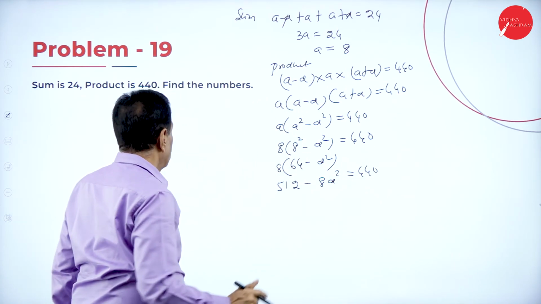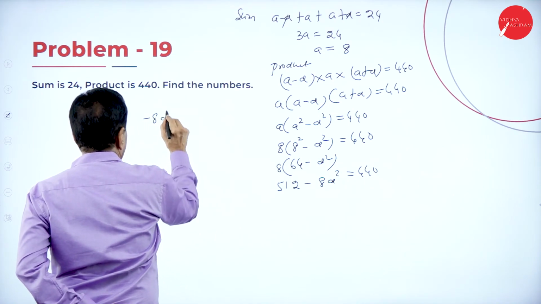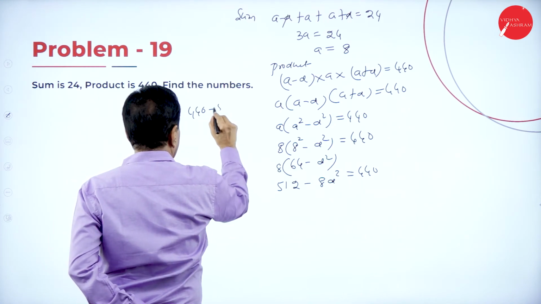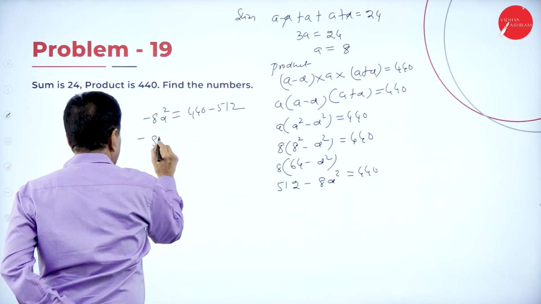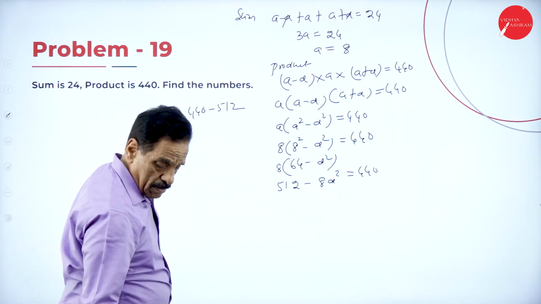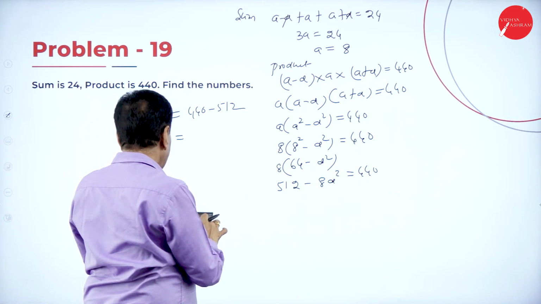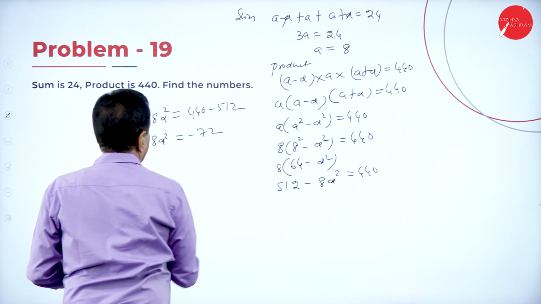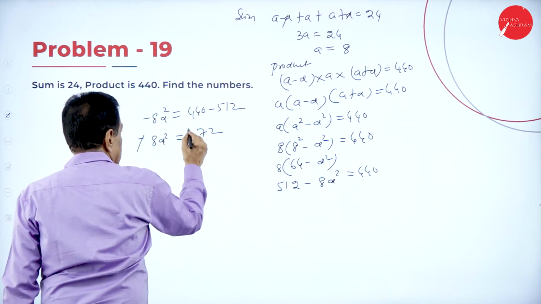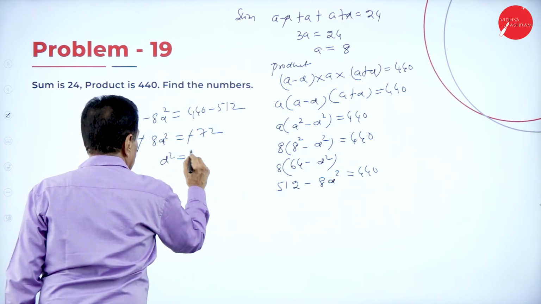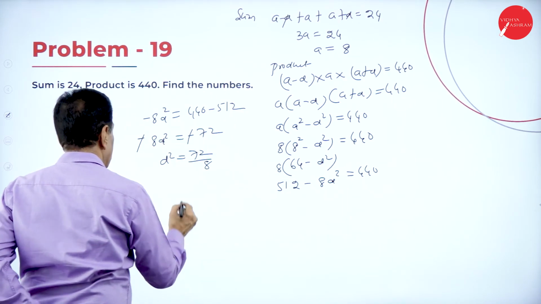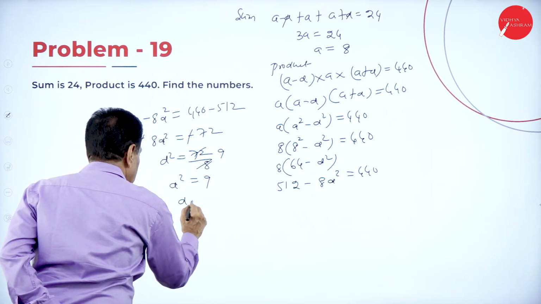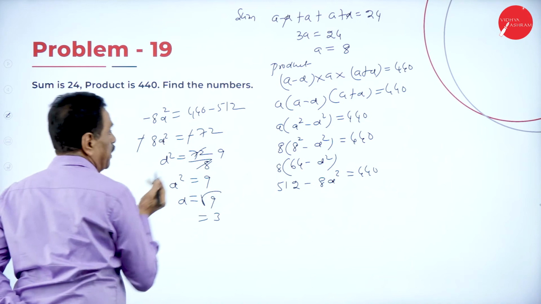So 512 minus 440 is 72, minus minus cancelled out. D square is equal to 72 divided by 8, 8 9s are 72. D square is equal to 9. D is equal to root of 9, which is 3.